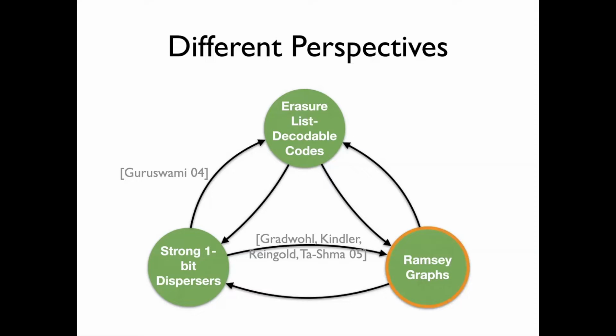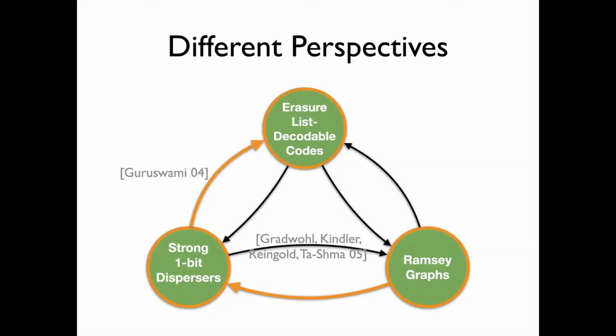So we go through the following graph. We first construct a Ramsey graph, show that it implies the strong one-bit disperser we want, and then using the implication by Guruswami, construct our erasure list-decodable code.